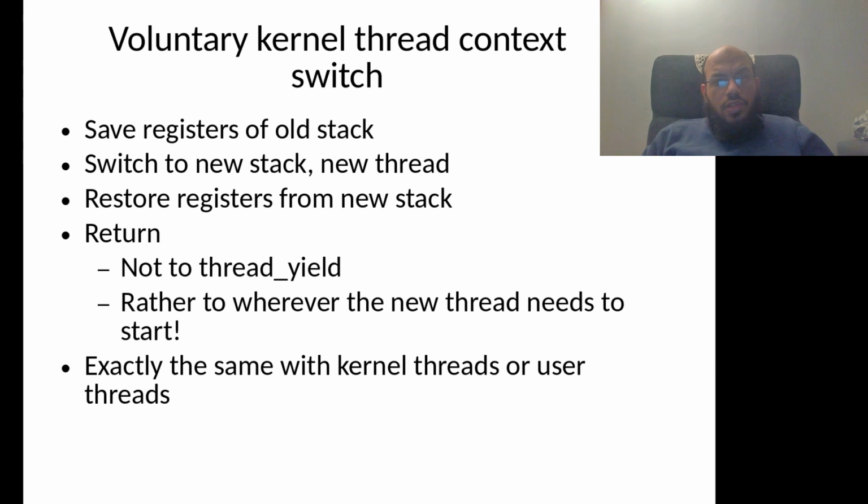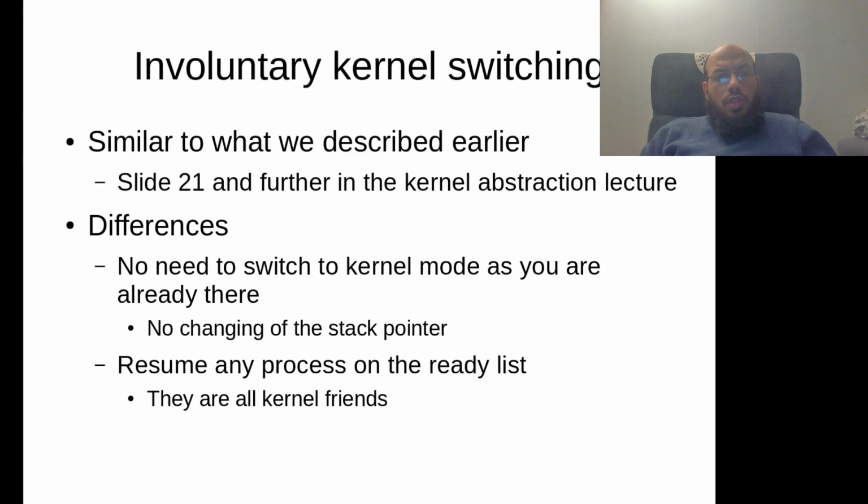And this idea of thread context switching works for both kernel threads and user threads. I mean, it's exactly the same to the processor. When you're doing involuntary kernel switching, it's quite similar to what we discussed earlier when we were talking about what happens with processes when they get interrupts, for example.